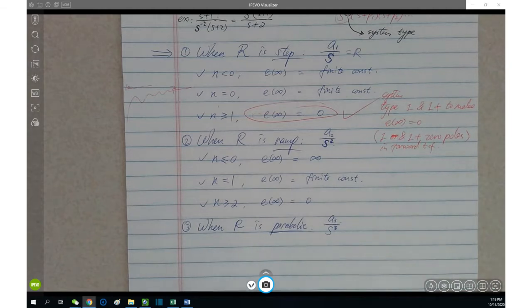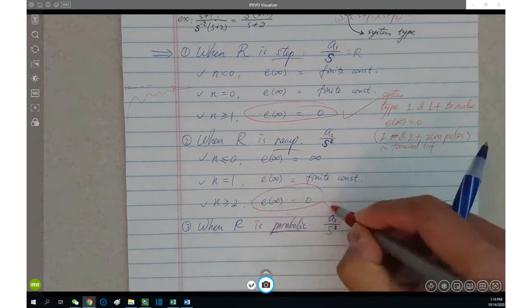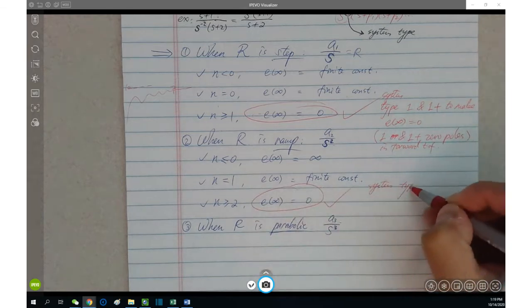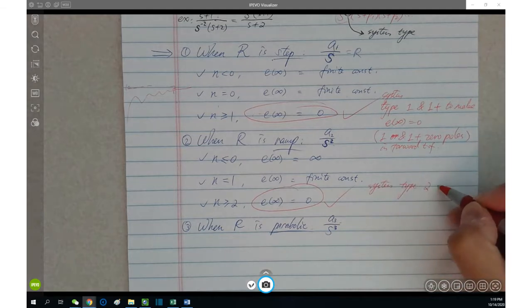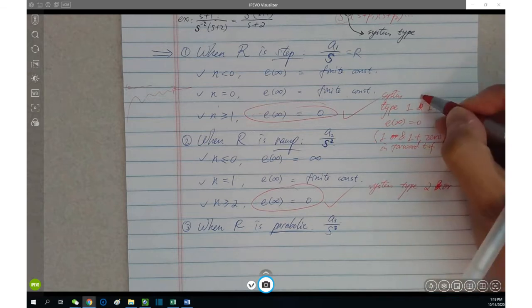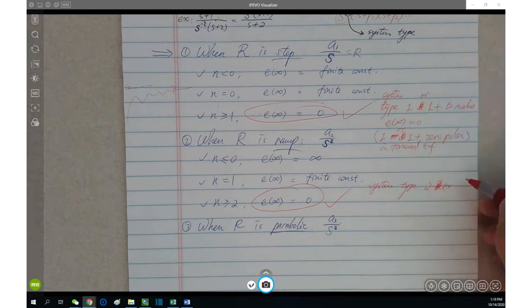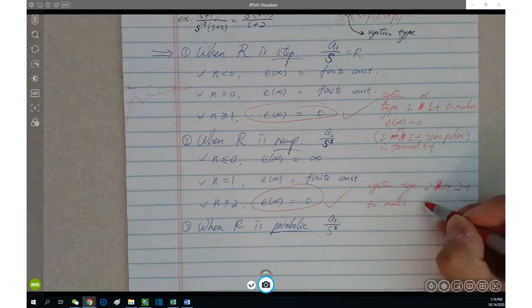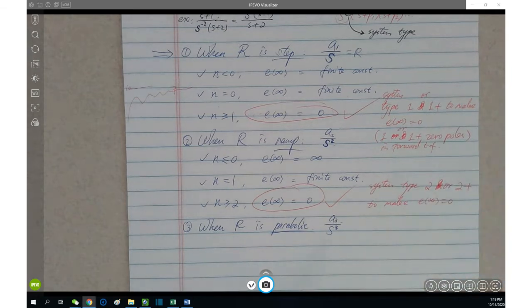So we circle this and give a check, saying we need system type to be 2, or, I think I should use or, not and, 2 plus to make the system steady state error 0 for ramp input. Never forget the steady state error is input dependent.